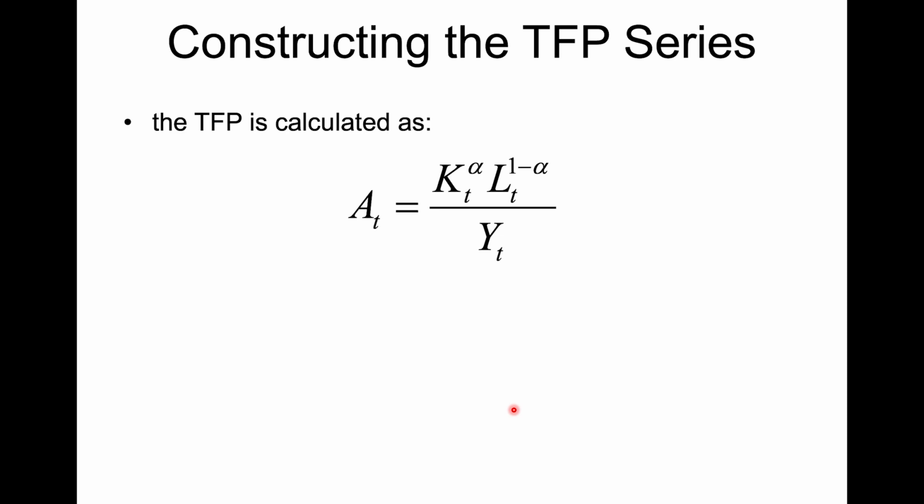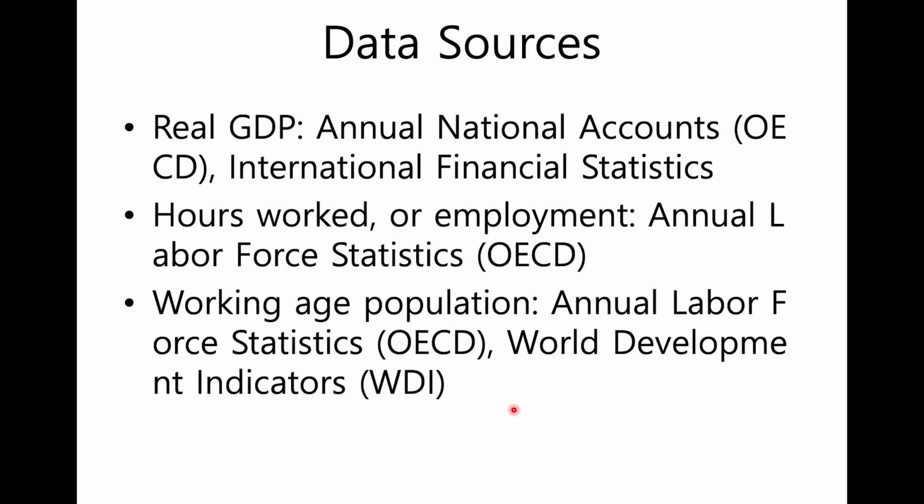Okay, so now that we have the GDP data, now that we have employment, or if you have hours, that works even better. But if you have employment data, and because we've now constructed the series for capital, we can simply compute the Solow residual that gives us this TFP, right? So for that, you need some value for alpha. There's ways that you can calculate alpha country by country and over time.